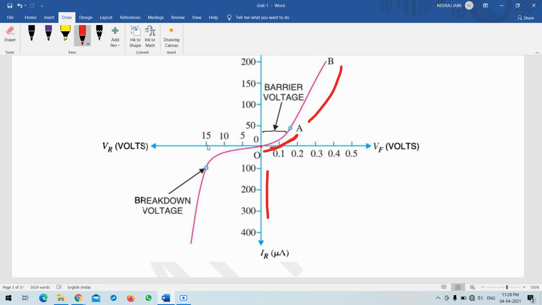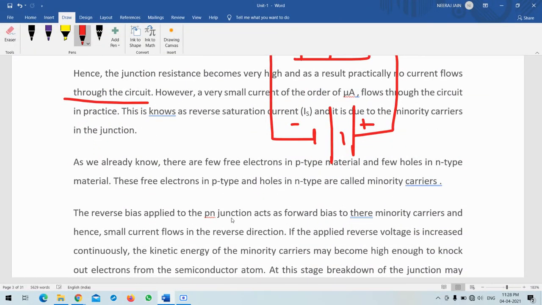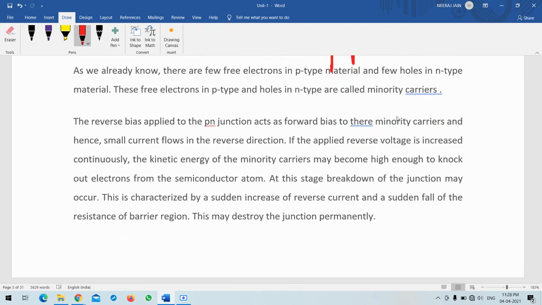But if we increase the reverse voltage continuously, then the charge carriers get enough kinetic energy and they break the barrier potential, or break the junction, and the current flows very fast at this voltage, which is called the breakdown voltage. That is shown in the figure. A reverse bias applied to the PN junction acts as a forward bias to the minority carriers and has a small current flow in the reverse direction.